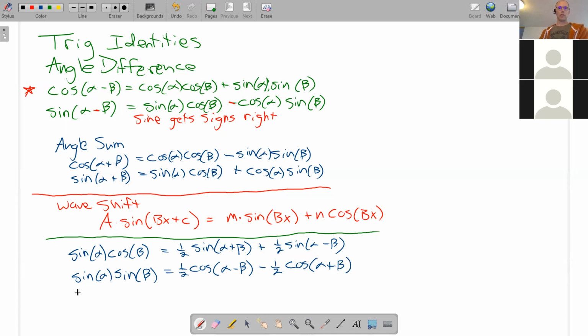And then cosine of alpha, cosine of beta, similar: 1/2 cosine of alpha plus beta plus 1/2 cosine of alpha minus beta. And there's some slight variations on this one right here. Some people write this as 1/2 parentheses and then the sum.